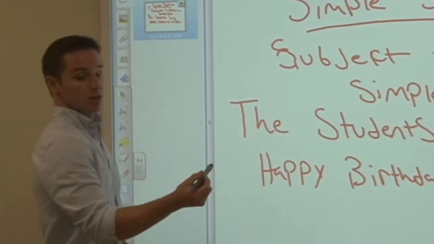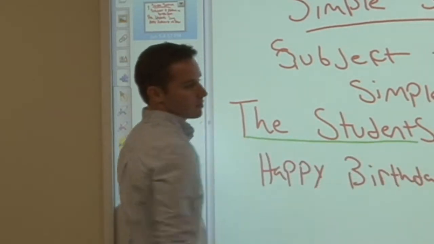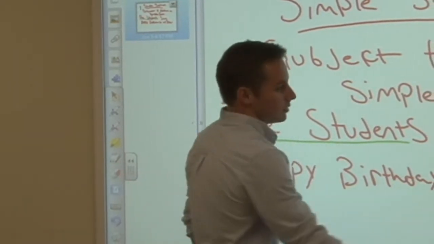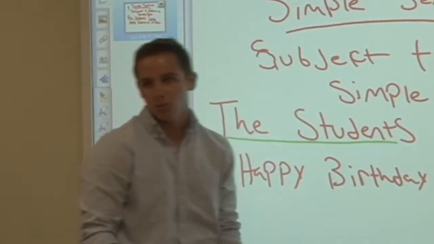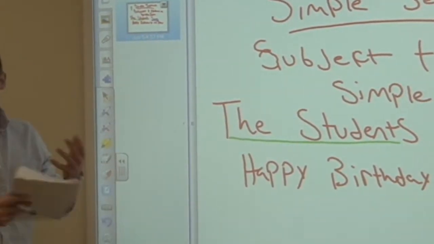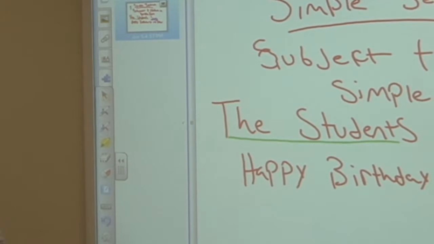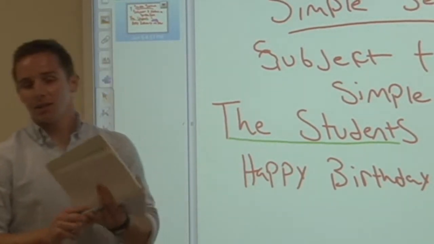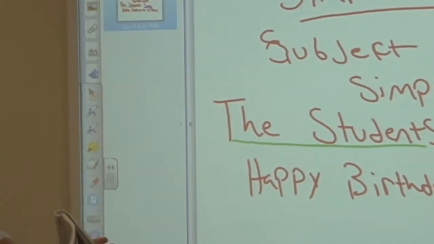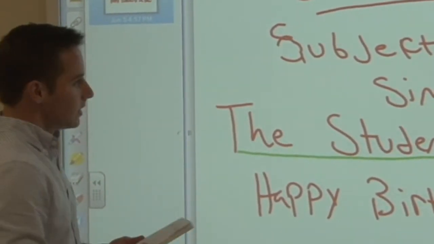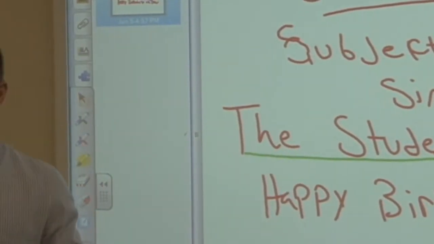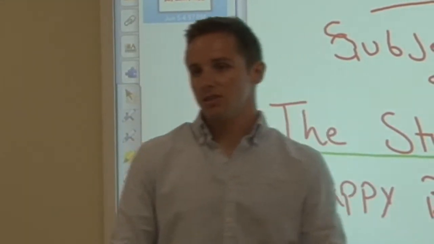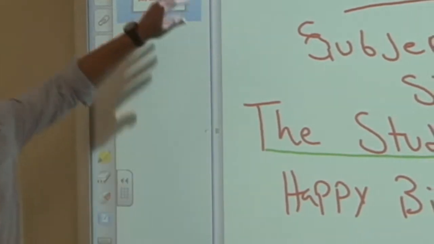Okay? These students would be the subject of this sentence. Sang being the verb. Verbs, what you do. So the students sang happy birthday to Miss DeLay would be a simple sentence. It contains a subject and a predicate and expresses a complete thought. Okay. Does anyone have any questions? If you do, please raise your hand, and I will be more than happy to answer them at any point during this discussion.